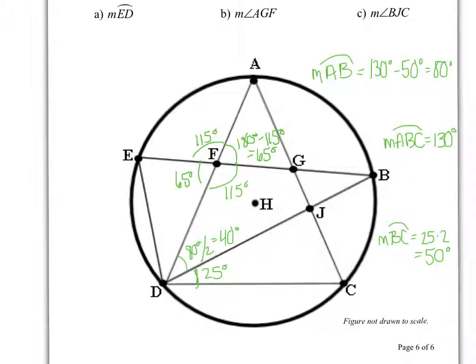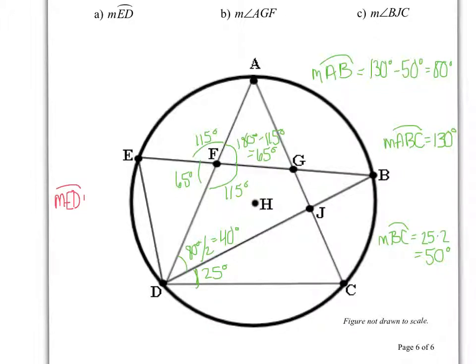Next, I need to find the measure of arc ED, which is right here. Well, what I notice is I know this angle, so this arc plus this arc divided by 2 is going to give me the measure of arc ED.